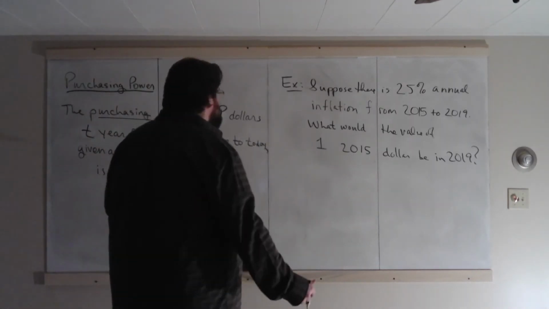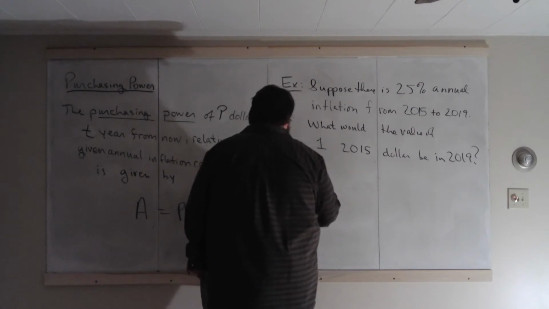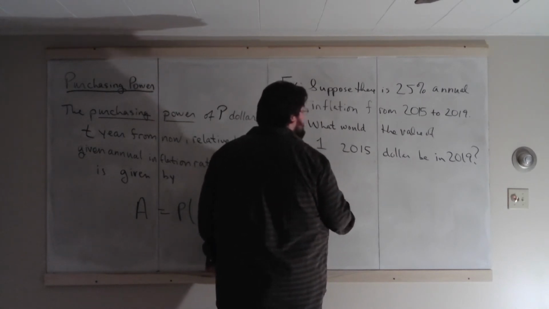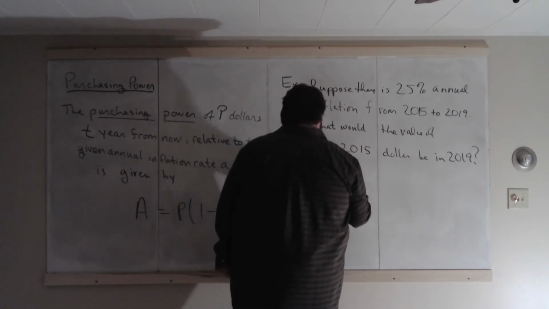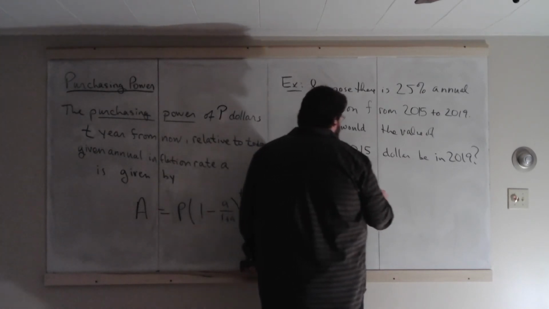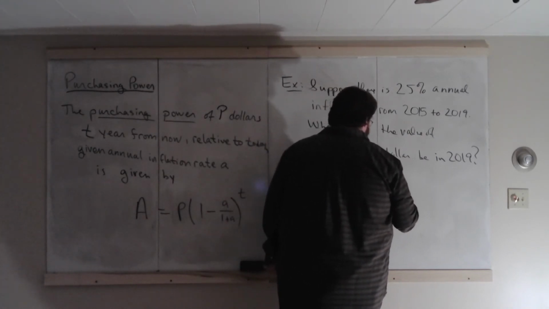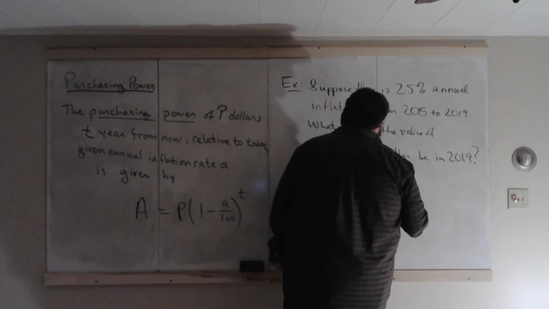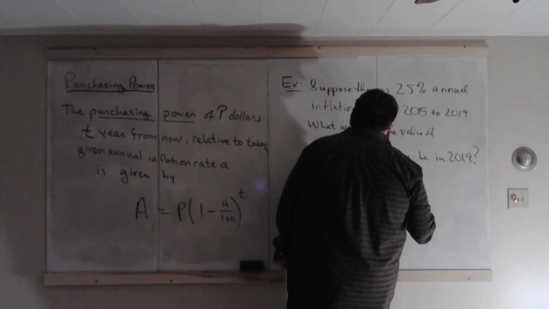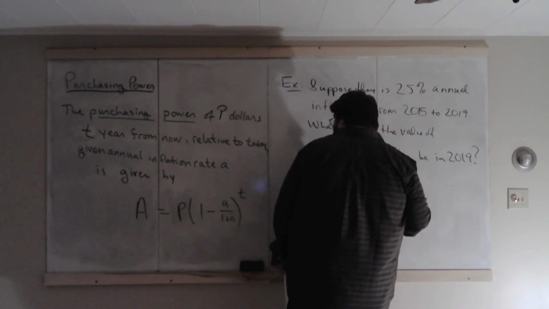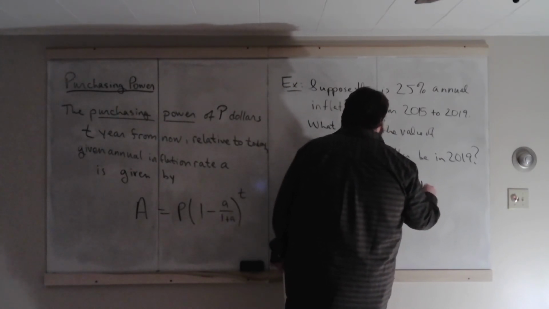Example. So here we'll substitute P, which is, well, we're starting with just one 2015 dollar. So 1 times (1 minus 0.25, 25%, over 1 plus 0.25, 25%) to the 4th power.